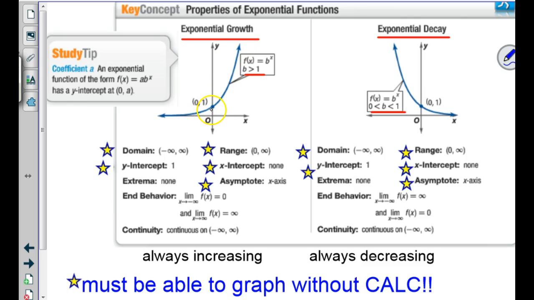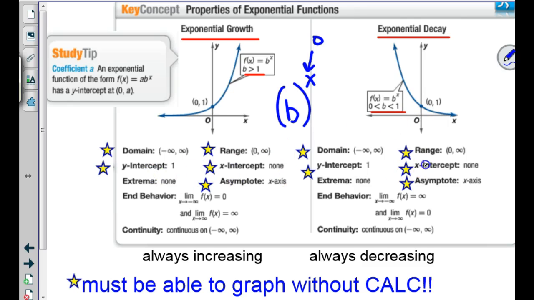It'll always go through (0, 1), because when we put a 0 in here, whatever b is, it becomes 1. Whether this was 1/2 to the 0 or 7 to the 0, it's 1. So (0, 1) is going to be the y-intercept, whether it's growing or decaying.